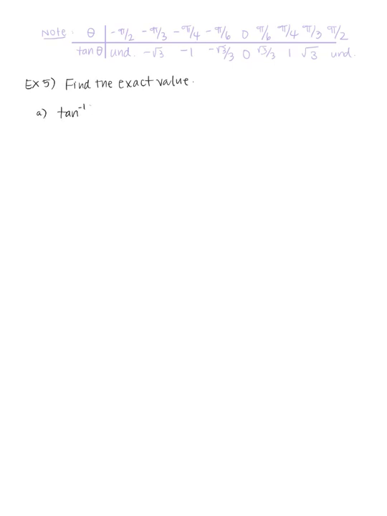Tangent inverse of negative 1. So start off, let theta be what we're looking for. And theta better be between open negative pi half to pi half, because at negative pi half and pi half, the tangent graph has vertical asymptotes.